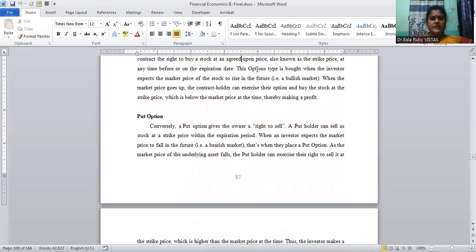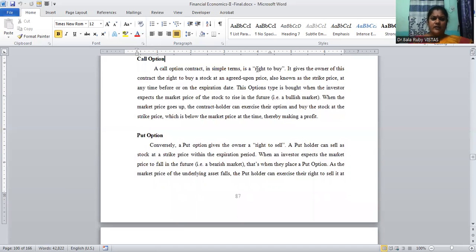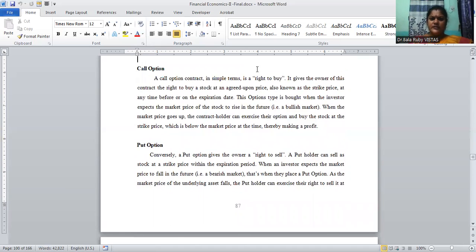First, let us concentrate on the call option. In simple terms, a call option contract is the right to buy. It gives the owner of this contract the right to buy a stock at an agreed upon price, also known as the strike price, at any time before the expiration date.